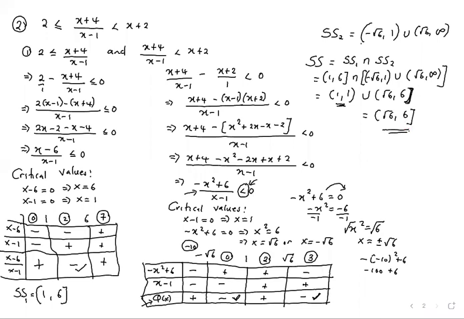Sir, hello, I have a question. Please ask. What method are you using when getting the intersection and union, where you're just saying that this one is smaller, this one is bigger? The number line. Or do I have to draw the number line?